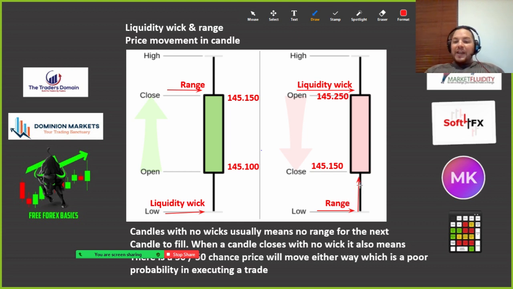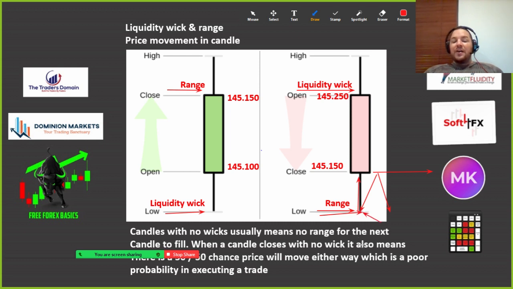Why we say a range is that you'll learn further on in Forex, once you decide, that this candle closing here and this range here means that price has a very good possibility of continuing down, especially if this low is broken.